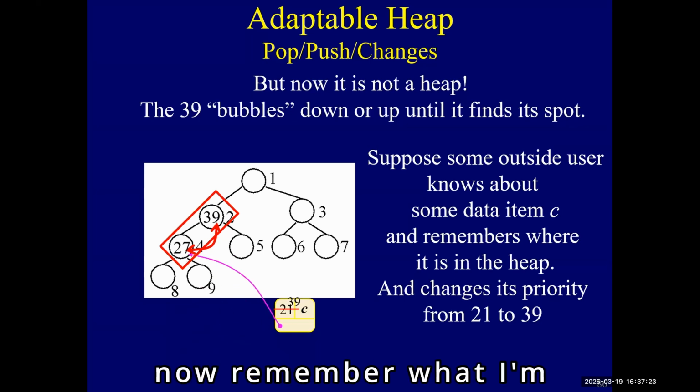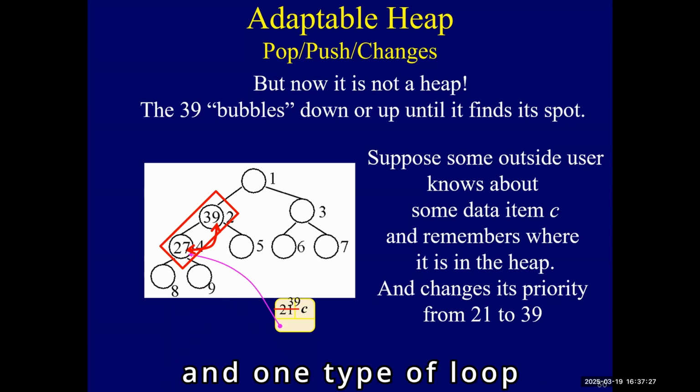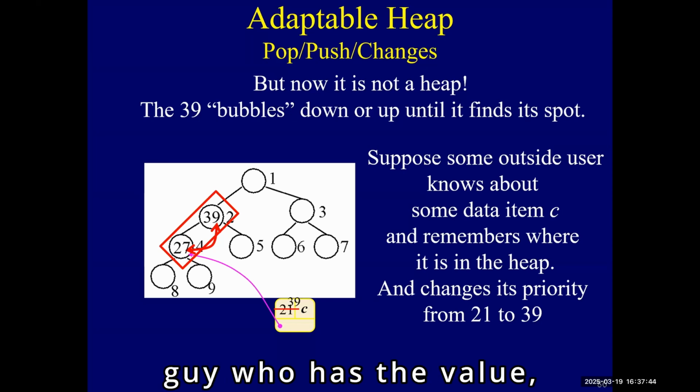Now remember what I'm big on is loop invariants, and one type of loop invariant are these system invariants. One of our system invariants is that the outside world, C, is pointing at the guy who has the value it's representing.